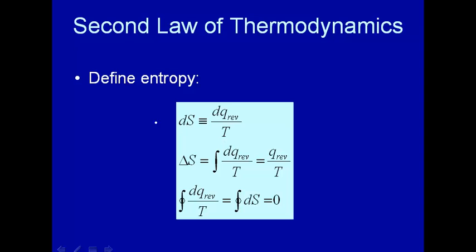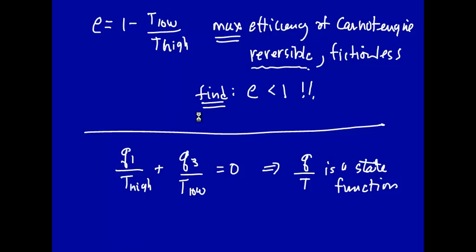Okay, now let's define that state function Q over T as entropy. So we'll use the symbol S for entropy. I'll just rewrite that here. So dS we're going to define as dq reversible over temperature. Why reversible?